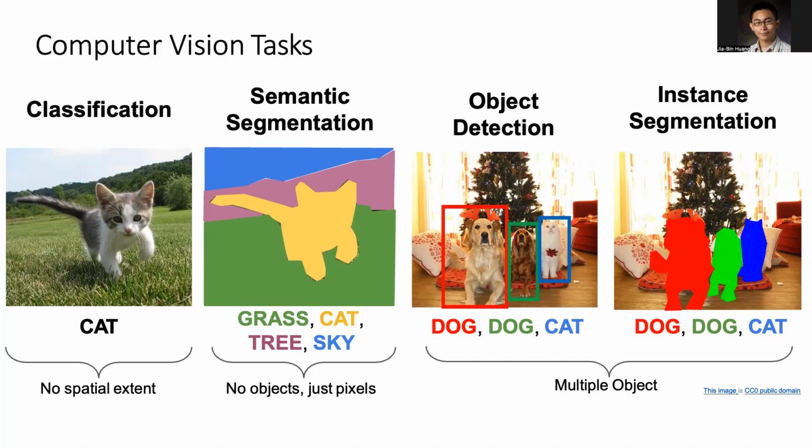And instance segmentation is a combination of these two. You not only want to detect, but also within the box of a detected object, you want to segment out the object. So it's increasing granularity of the problem.